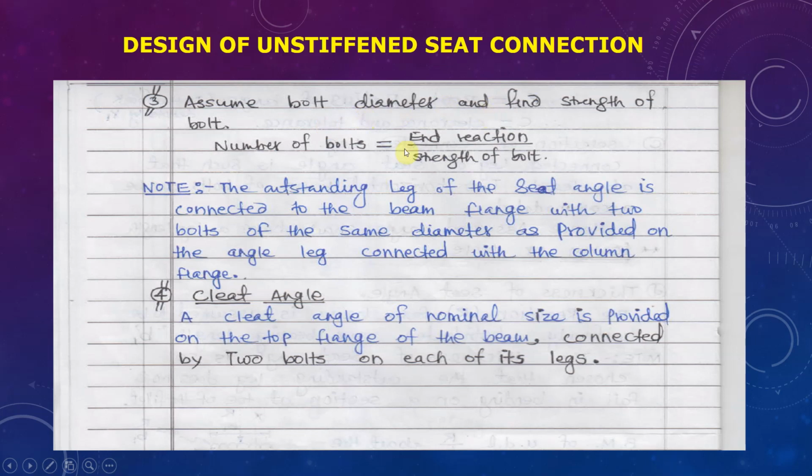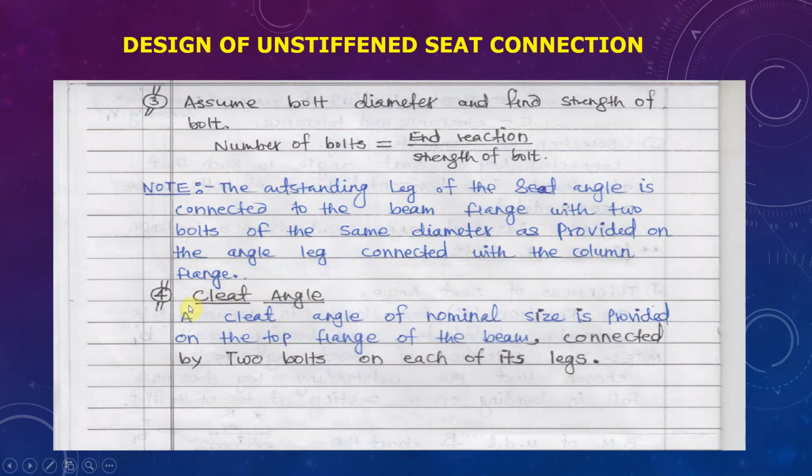After finding the strength of the bolt, you have to find out the number of bolts, and the number of bolts is equal to the end reaction divided by the strength of the bolt. The outstanding leg of the seat angle is connected to the beam flange with two bolts of the same diameter as provided on the angle leg connected with the column flange.